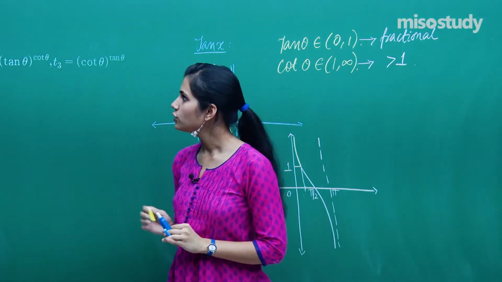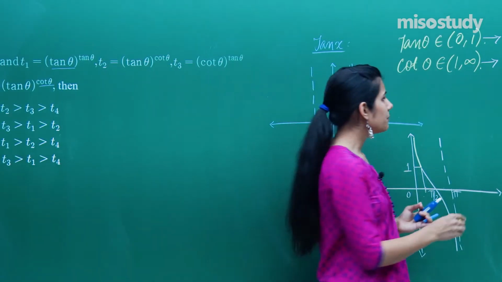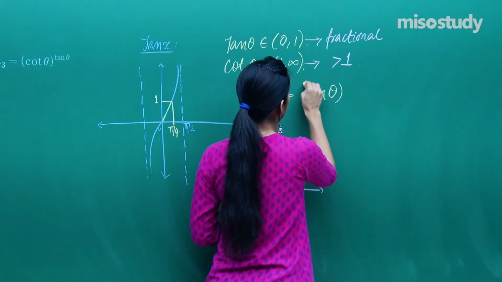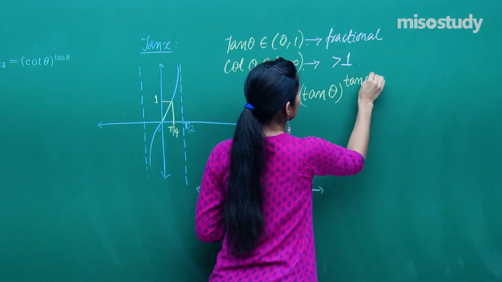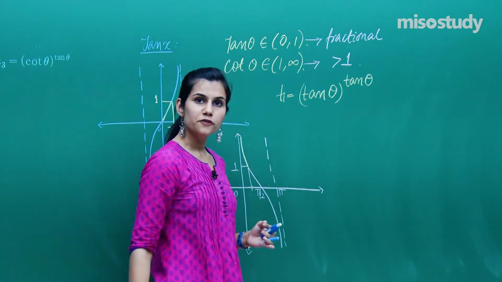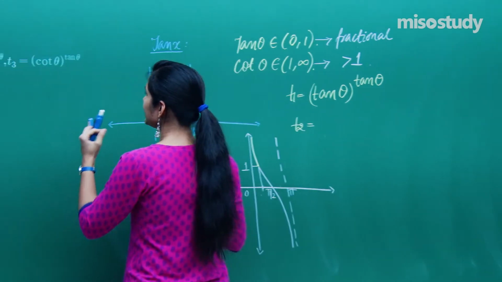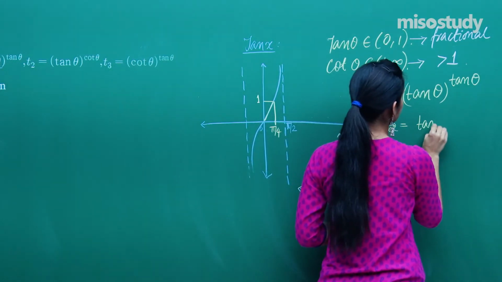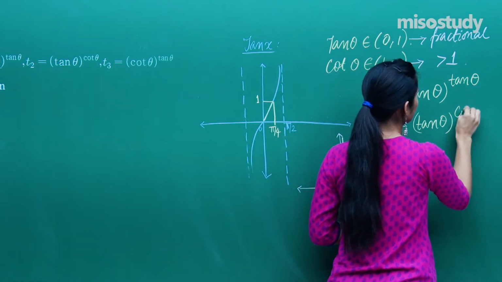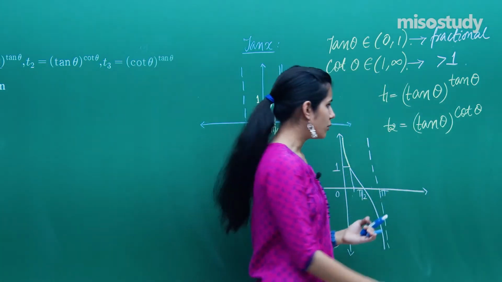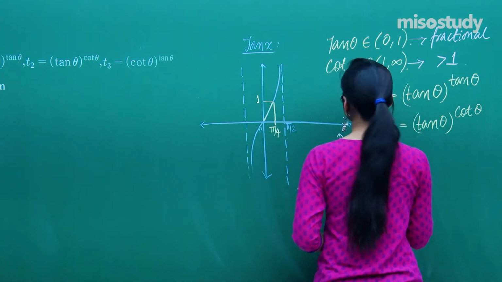Now see what is given to you. T1 is tan theta to the power tan theta: fractional to the power fractional. T2 is what? Tan theta to the power cot theta: fractional to the power number greater than 1. What is T3?